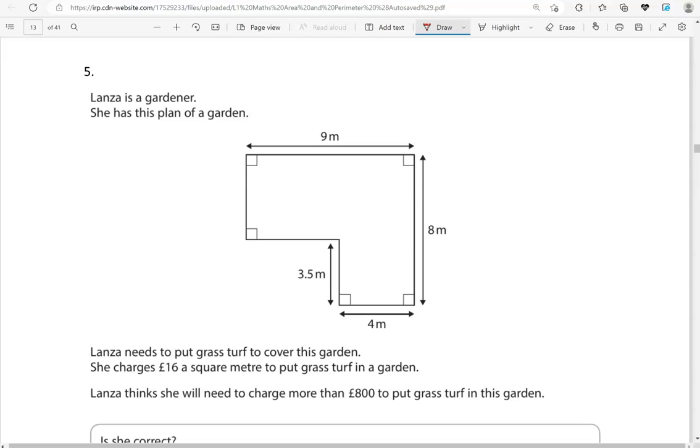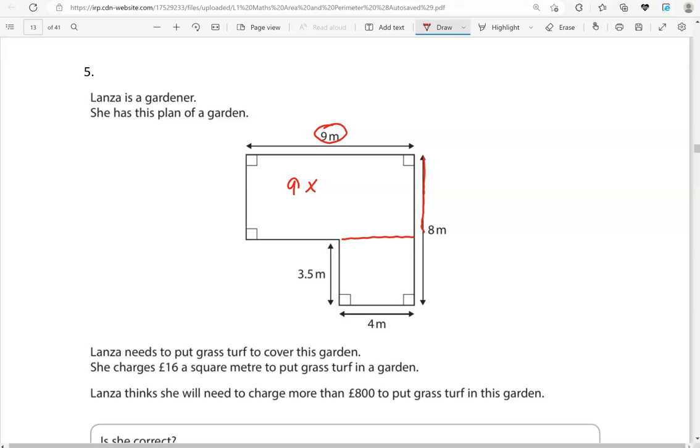This is a compound shape, so I'm going to split it into two simple shapes. You could split it here as well if you like. That's entirely up to you, whichever way you prefer. So the area of the big rectangle can be worked out by multiplying 9 by the width here, which we're going to work out.